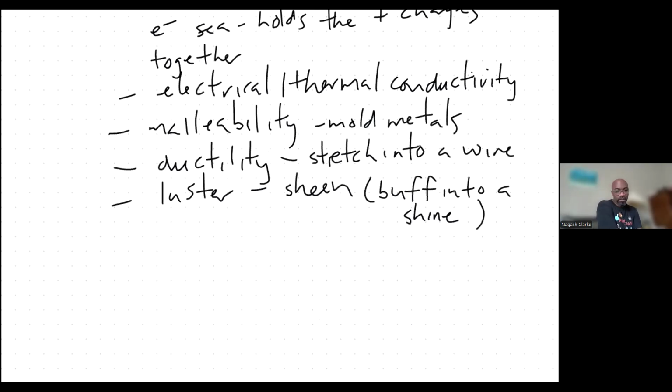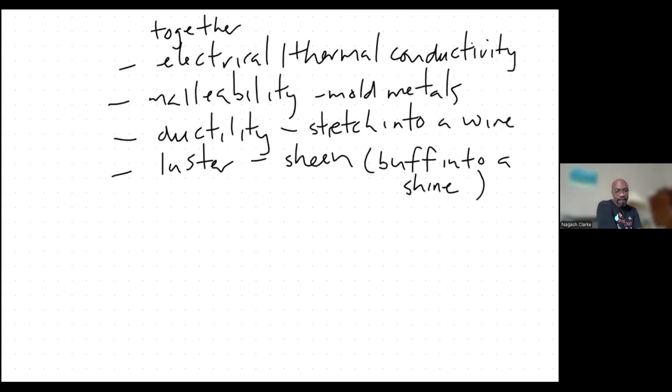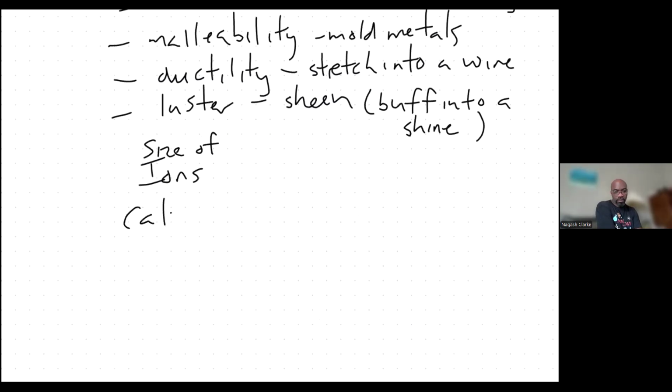Let's talk about ions, like the size of ions, briefly. Cations are smaller than their parent atoms.